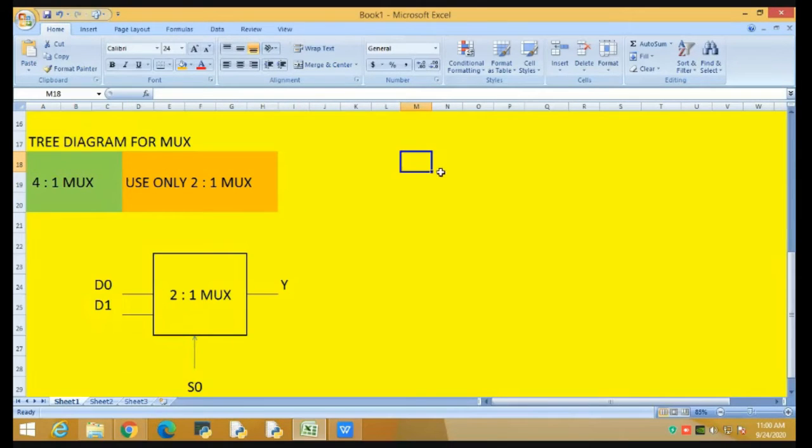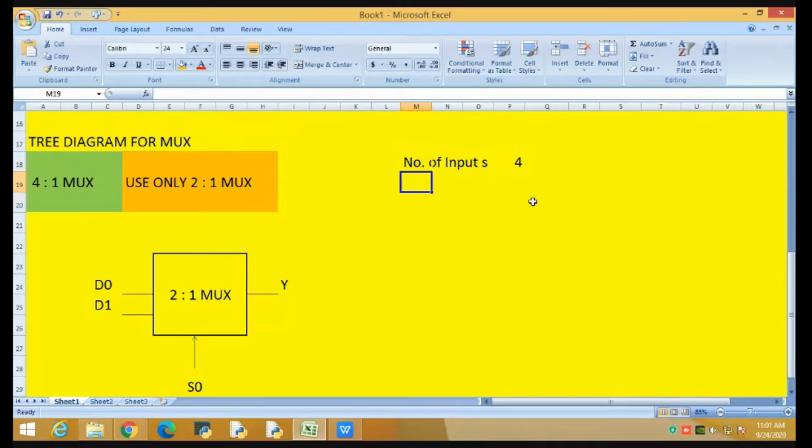What is the requirement of 4 to 1? How many inputs are there in a 4 to 1? Four inputs. Yes, the number of inputs is 4.